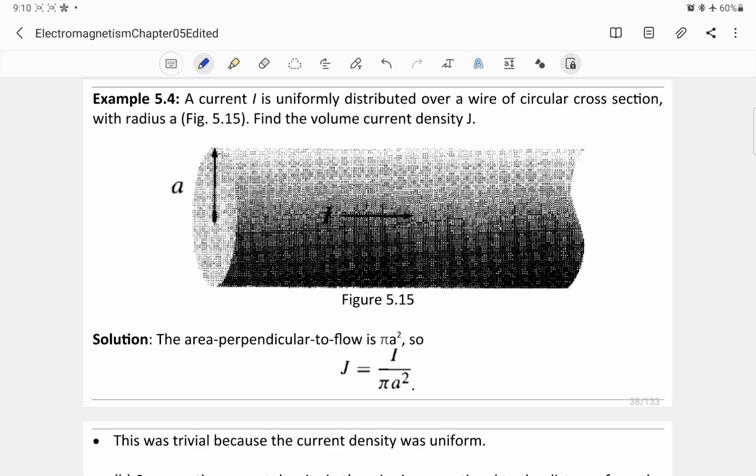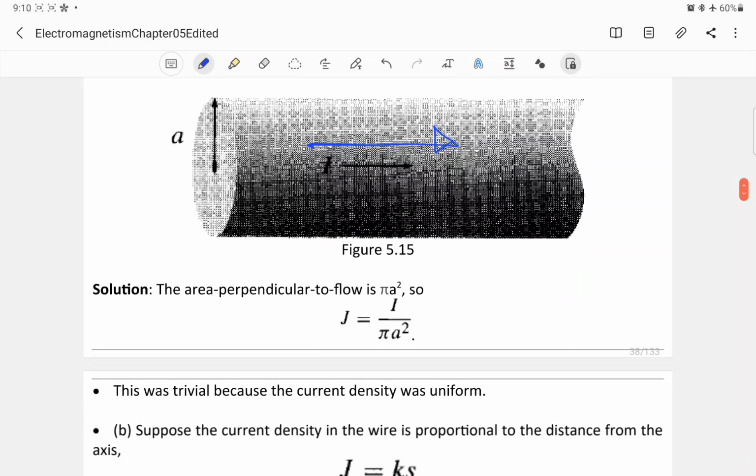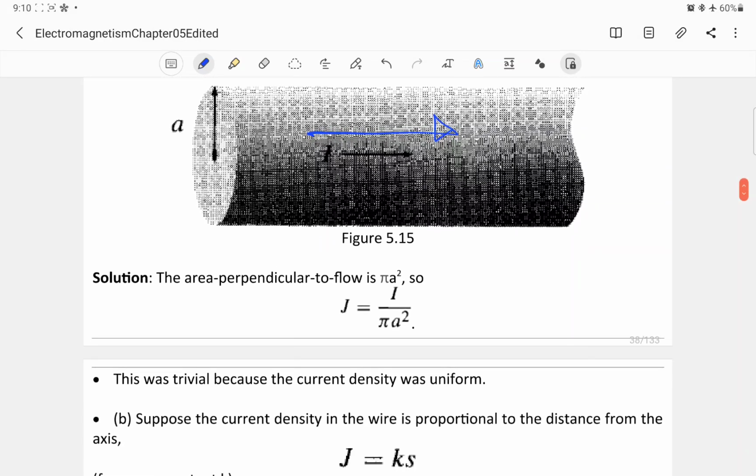Of course you have current I flowing in this direction, and the area perpendicular to the flow is pi a squared. So your current density is just I over pi a squared.